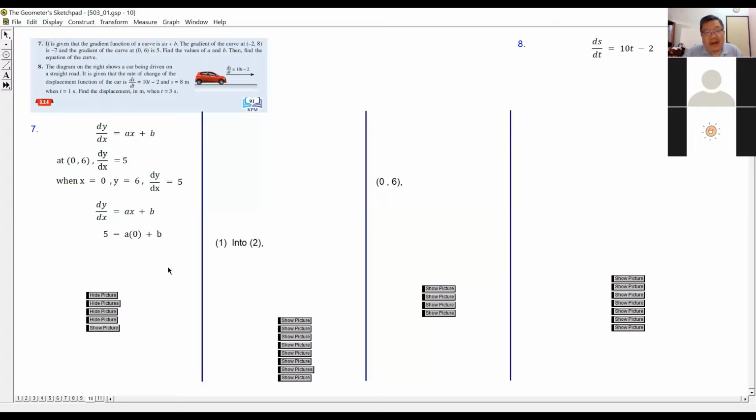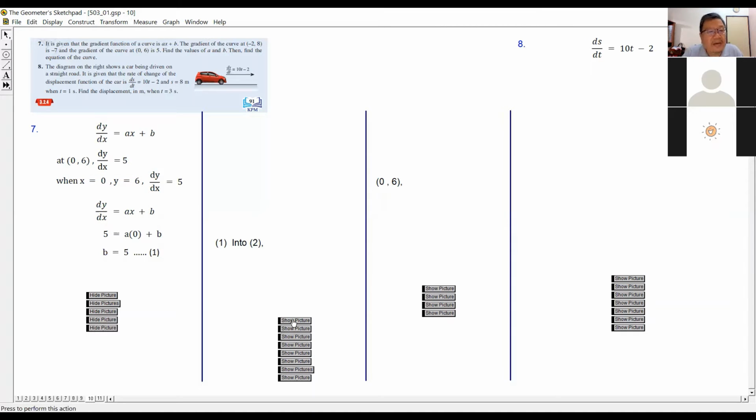Now in this way, the value of a is eliminated, and straight away you can find the value of b. What is the value of b? 5, right? And I call this equation 1. So I straight away can find one value already because x is 0, right?